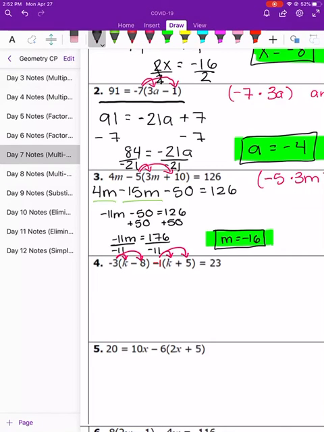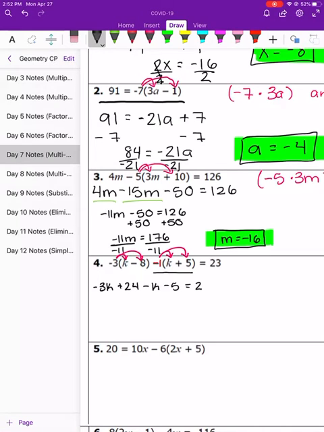Okay. So negative 3 times k is going to give me a negative 3k. Negative 3 times a negative 8 is going to give me a positive 24. Negative 1 times k, because we're on this one now, is a negative k.